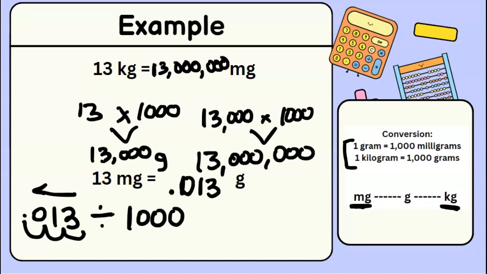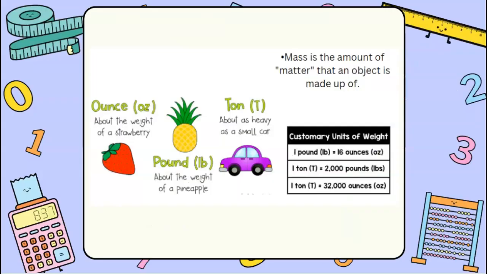Customary units are going to be a little different because they have a very specific amount that you're going to be using for your conversion. So in our customary units, we have ounces, we have pounds, and we have tons. 1 pound is equal to 16 ounces. 1 ton is equal to 2,000 pounds. 1 ton is also equal to 32,000 ounces.